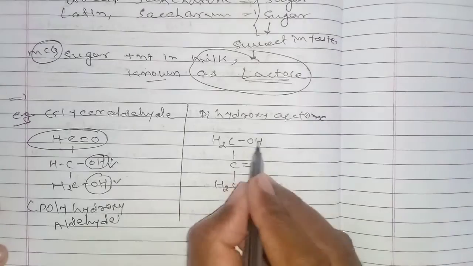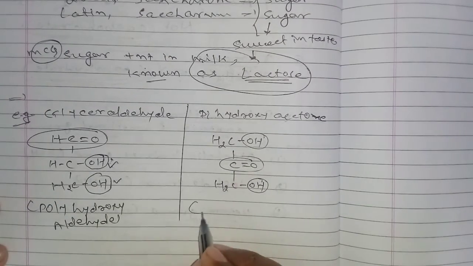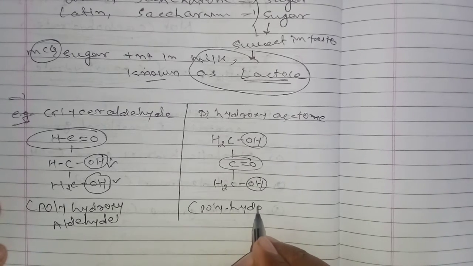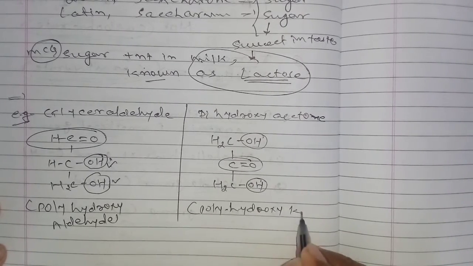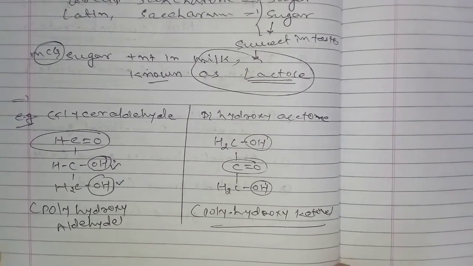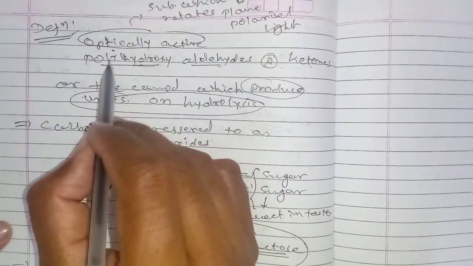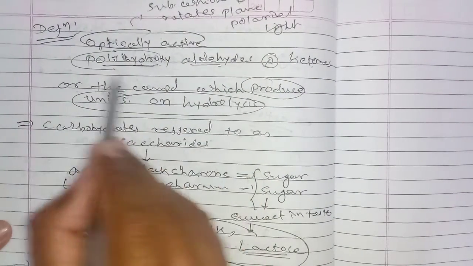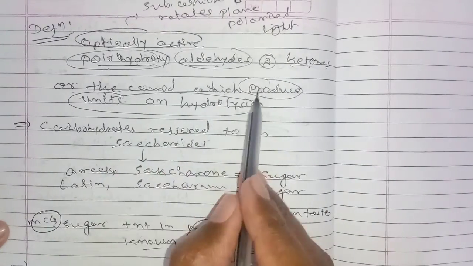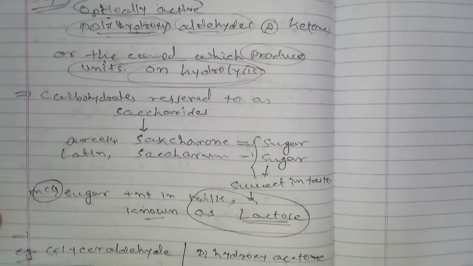So here two hydroxyl groups are present and this ketone, it is a polyhydroxy ketone. Here the definition is optically active polyhydroxy aldehydes or ketones or the compounds which produce such units on hydrolysis.